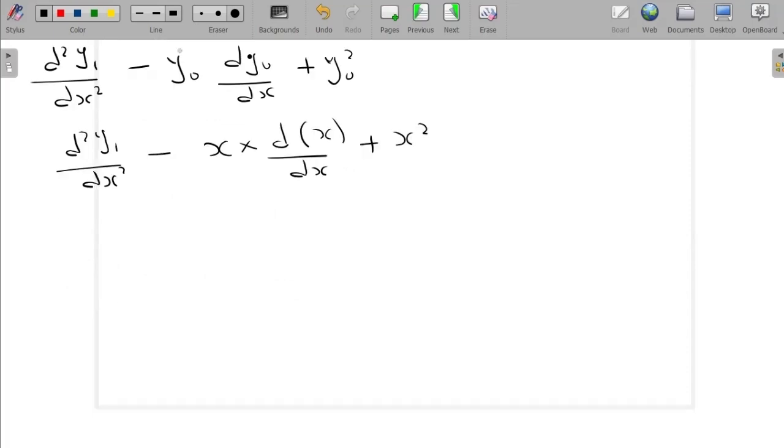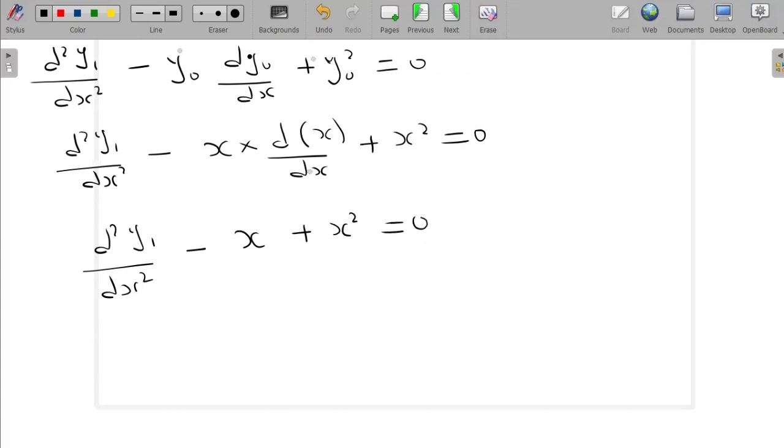Simplifying this, we have d²y1/dx² equal to x minus x².